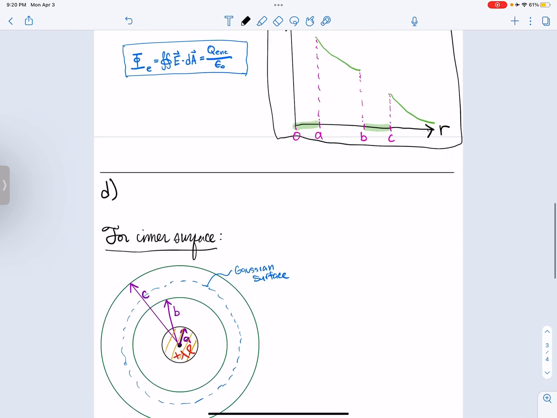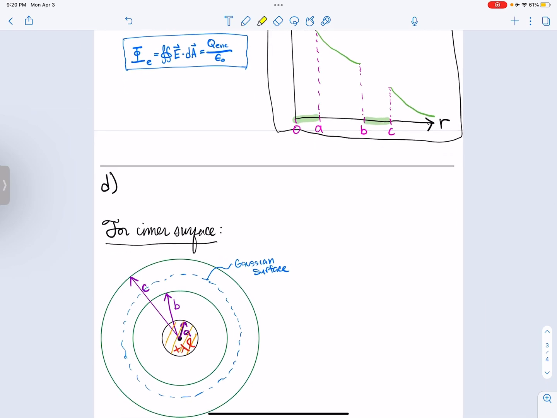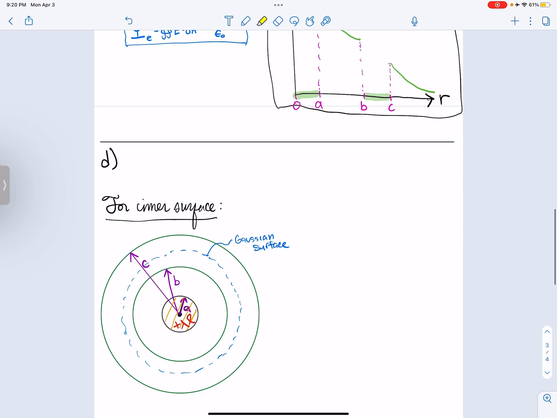So we figured out from part C, in our graph, that the electric field between radius B and radius C is 0. With that knowledge, I'm going to use the electric flux formula, which is equal to the surface integral of electric field times dA, or also equal to charge enclosed, Q enclosed over epsilon naught.